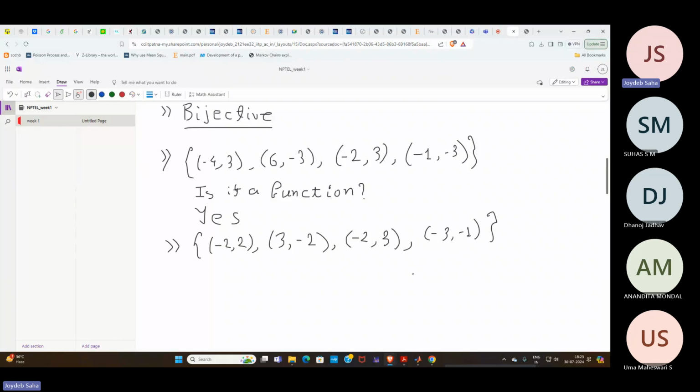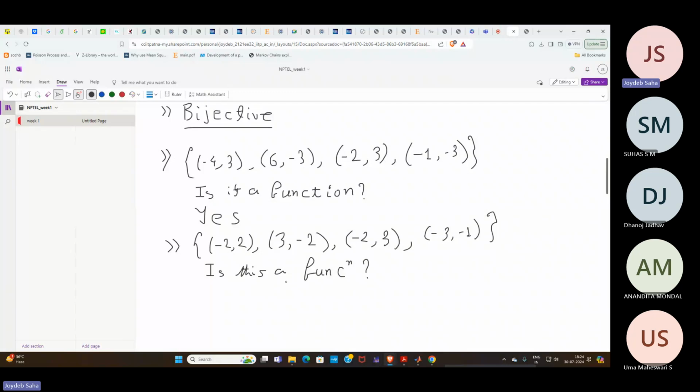If this is the relation, the same question is, is this a function? Or in other words, whether this relation follows the definition or the rules of a function. The answer is no. Why?